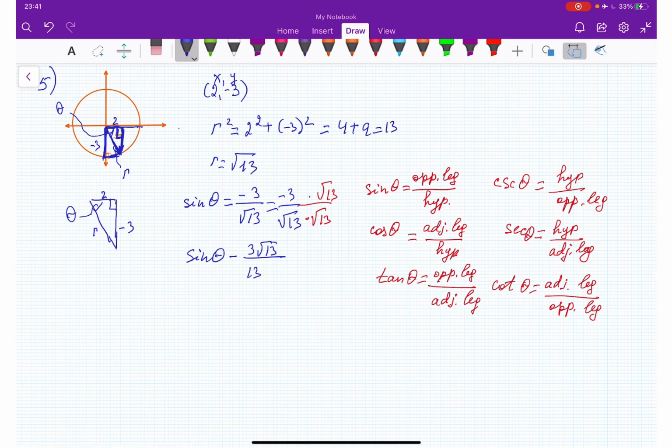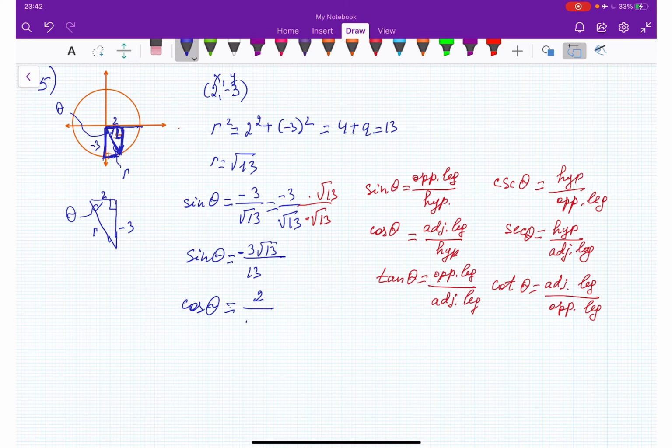Okay, so next, cosine theta. Cosine theta is equal to adjacent leg to hypotenuse. Adjacent leg is going to be 2 for theta.